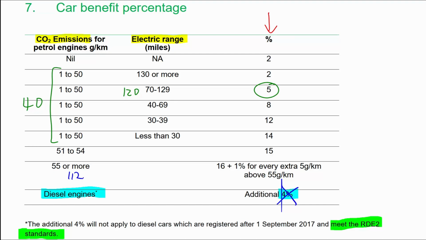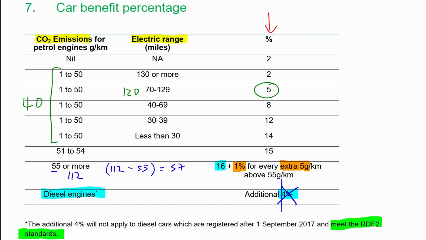And the rule is that we're going to have a 16% scale charge, but we're going to add on an extra 1% for every extra 5 grams per kilometre above the 55 grams. So the way to do this, we're going to take our 112 grams per kilometre, take away the 55, which is the number we've got in our calculation here, and that gives us 57.